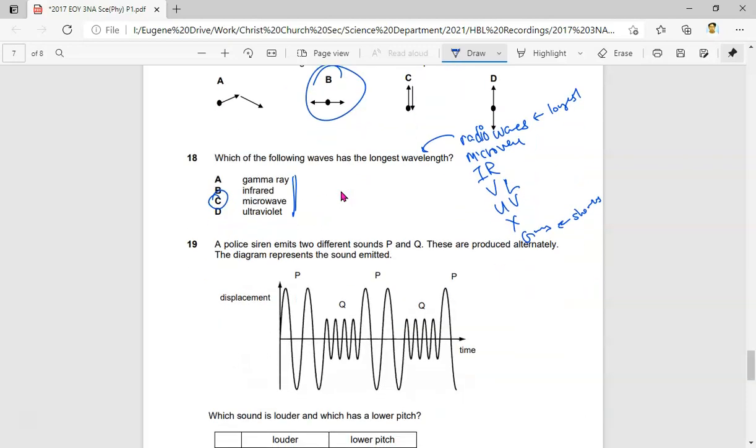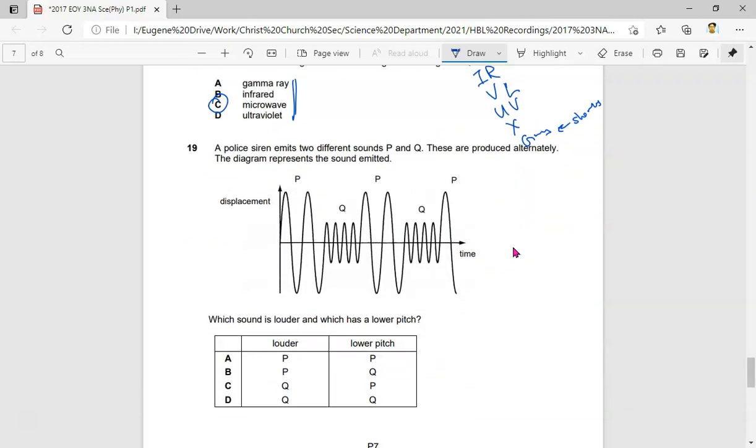Question 19 now. The police siren emits two different sounds, P and Q. These are produced alternately. The diagram represents the sound emitted. Which sound is louder? Louder means higher amplitude. So I would expect my wave to look higher. So therefore P is louder.